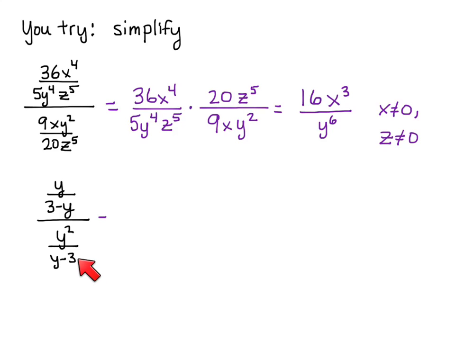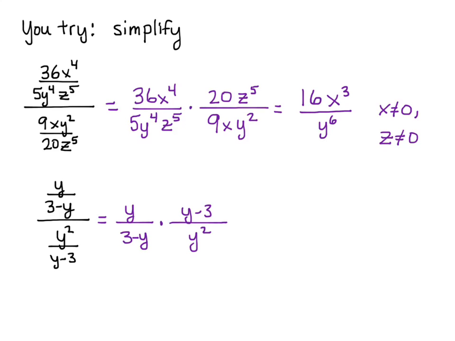Okay, now on this next one, we have the same thing again, where the numerator, y over 3 minus y, can't be reduced. Y squared over y minus 3 can't be reduced. So we'll write that then as a product of the numerator times the reciprocal of the denominator, so that's y minus 3 over y squared.